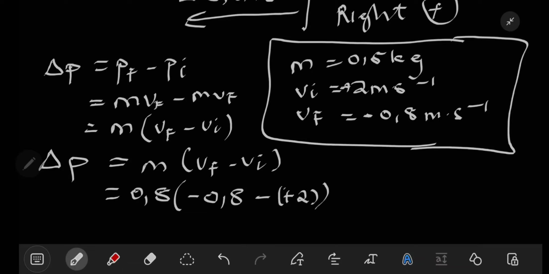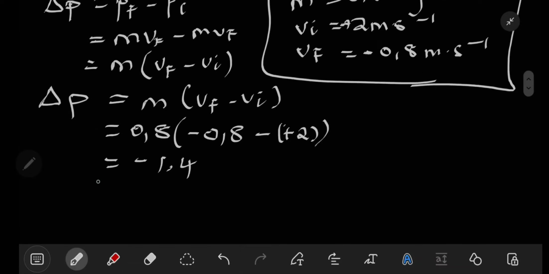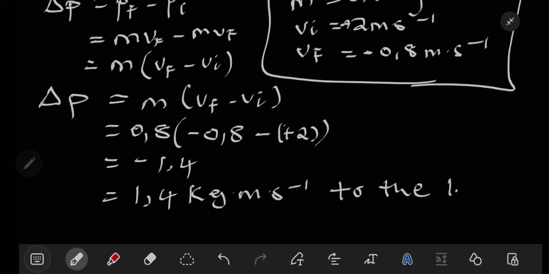We get our calculator, and we have 0.5 times negative 0.8 minus 2, and we get our answer to be negative 1.4. So our change in momentum is 1.4 kg meters per second to the left, because this negative here is the one that shows us the direction of the momentum.